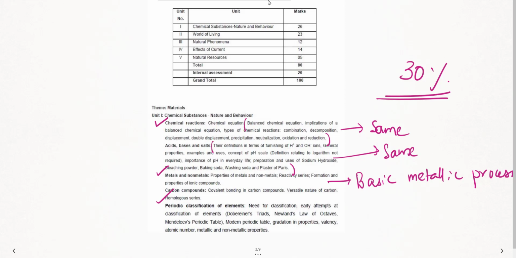It is there only till ionic compounds. Along with that, the concepts like corrosion and prevention methods for corrosion are all taken out. So your topic for metals and non-metals starts from properties of metals and ends with properties of ionic compounds. Clear?